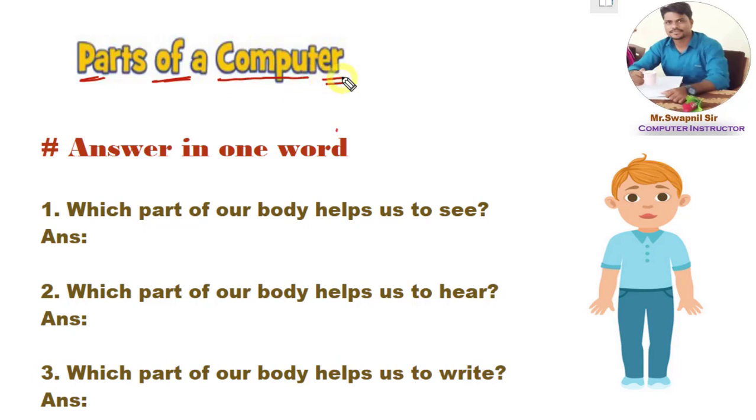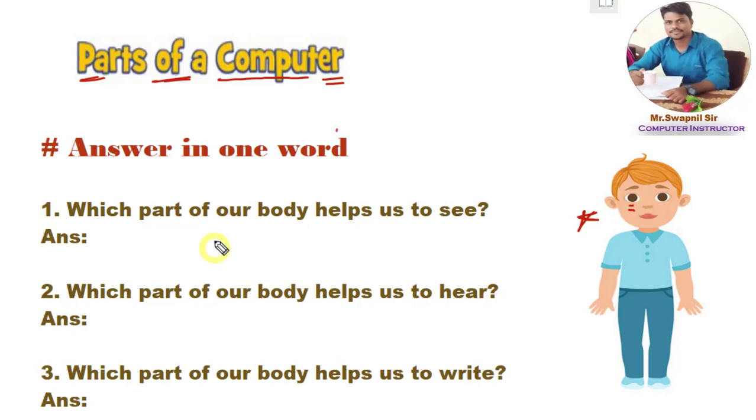Okay, parts of computer. But before actually starting the lesson, I will ask you some simple questions. You will give me the answer by seeing this picture. Which part of our body helps us to see? Guess, student.